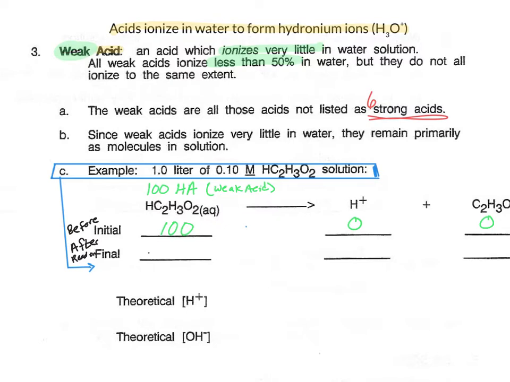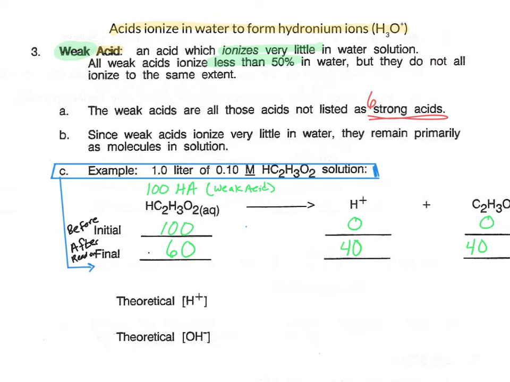If we assume that less than 50% of it reacts, we don't know if that's 50% or 40% or 30%, so let's make it 40%. If 40% reacts, that means 60% are still here, and only 40 have converted over to the hydrogen ion and the acetate ion. But what if I had picked a different number?